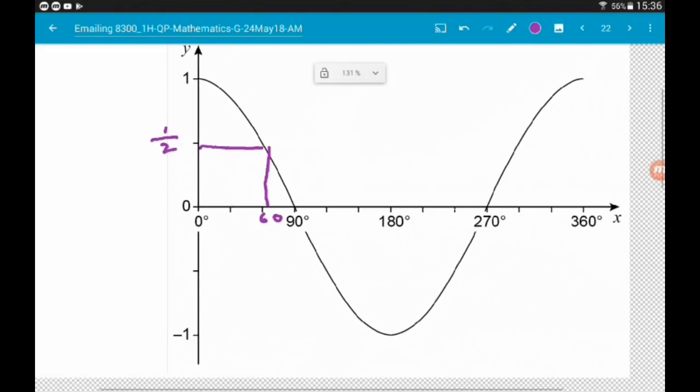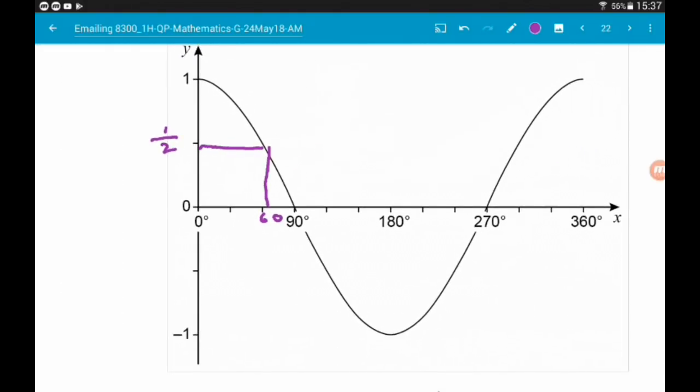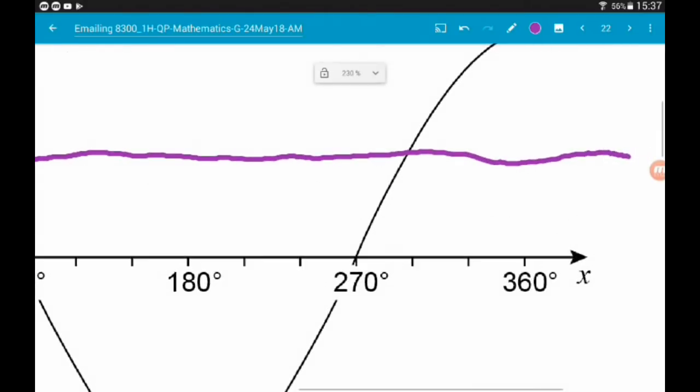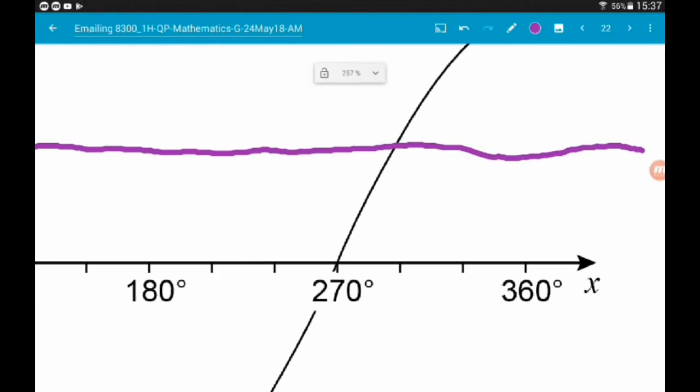What it means when it says find the value of x when x is between 90 and 360 is that this line y equals 1/2 goes on forever. So what we're after is the value of x that gives us this second solution over here.